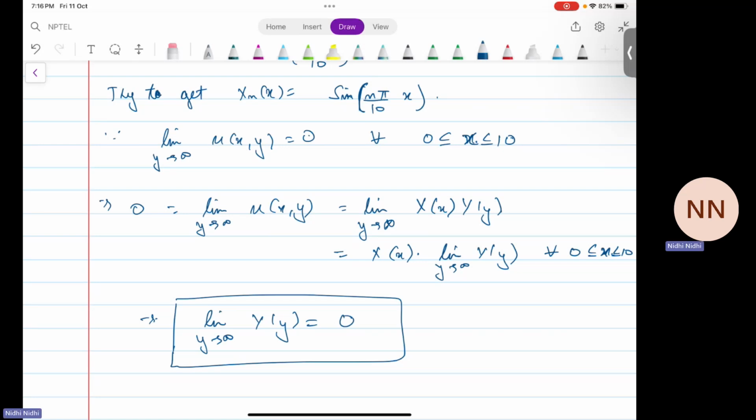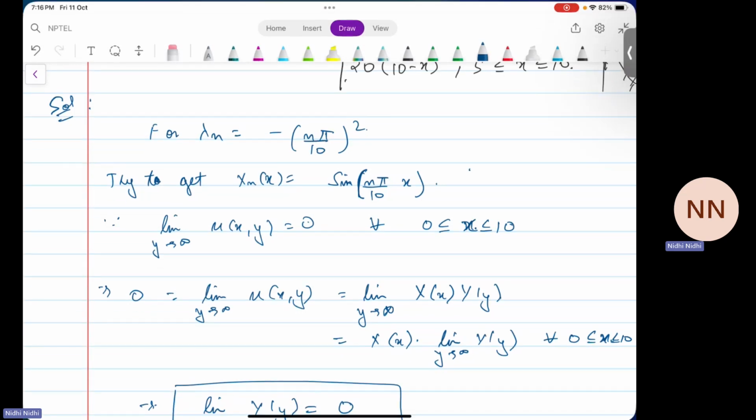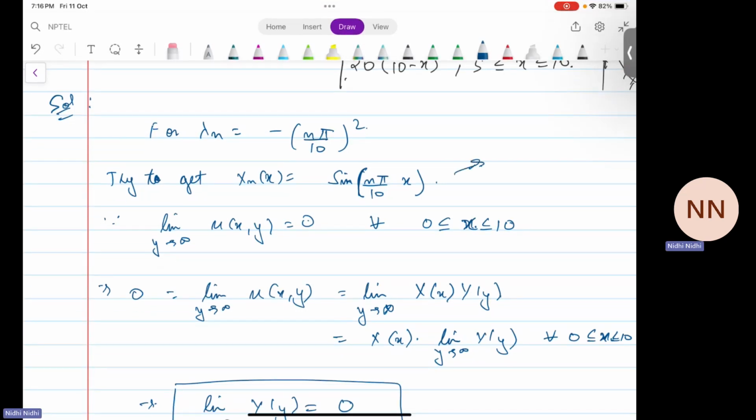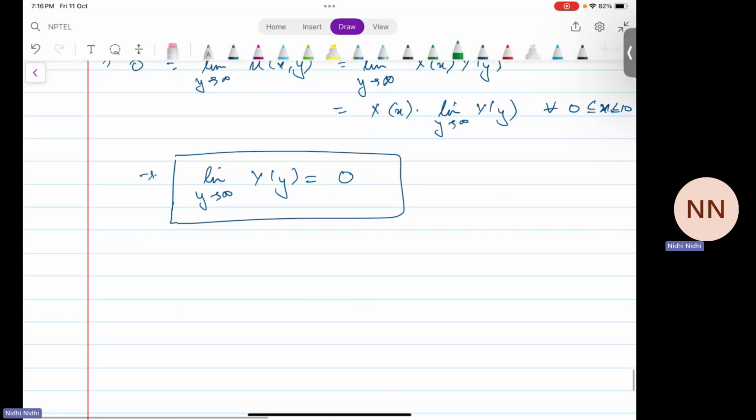So after finding this X_n, the other equation that we needed to solve was, so this must have been the solution of X double dash minus lambda X equals 0, and along with that we had another equation.